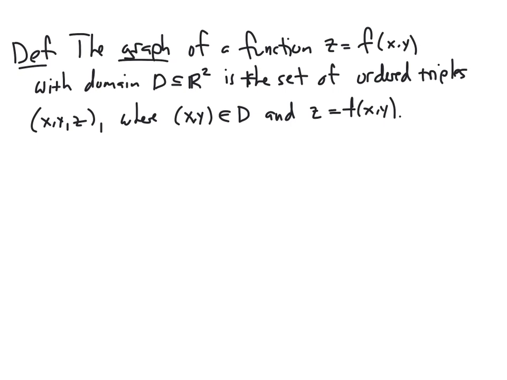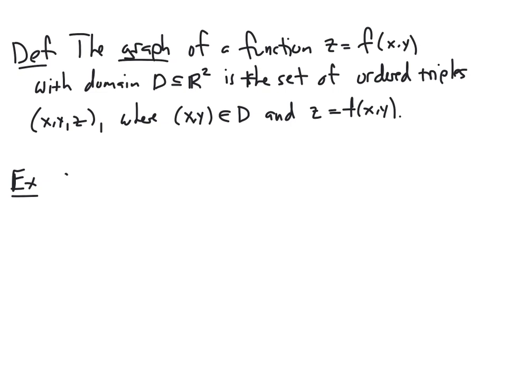Okay. And so the graph works exactly like we did in algebra and in calculus before with functions of one variable. The only difference is now these graphs are actually going to be surfaces in three-dimensional space as opposed to curves in the plane. So let's look at the example that we just talked about.